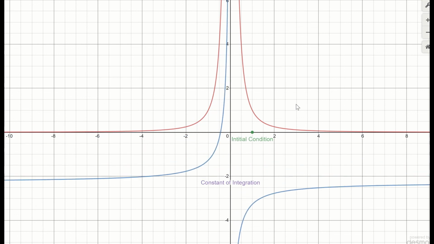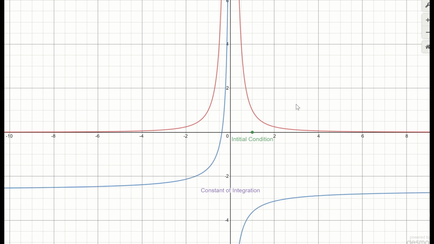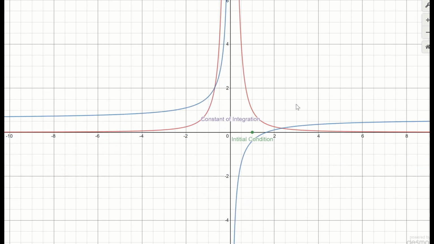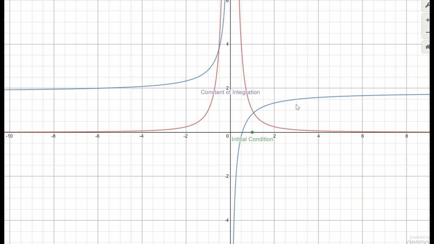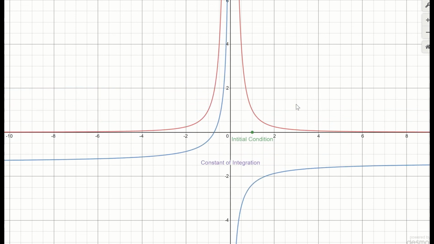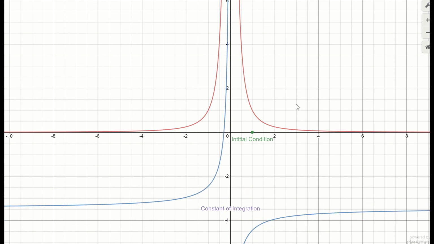So in this case, we want to know what the value of the constant of integration should be such that my antiderivative function goes through that initial condition point that they gave us. It's right there. All right, so what should the value of this constant of integration be? Lucky for us, we can just go ahead and find it algebraically.